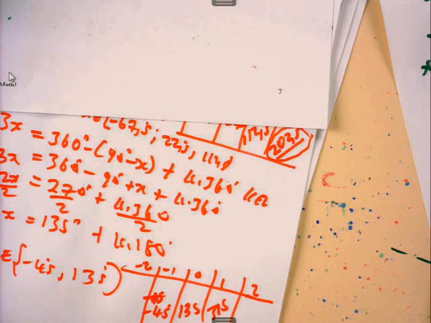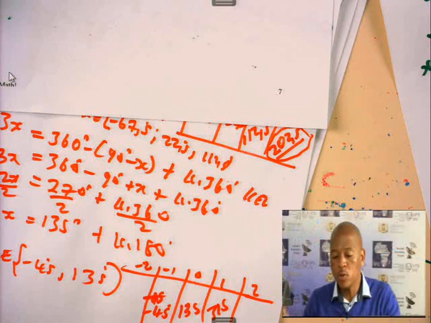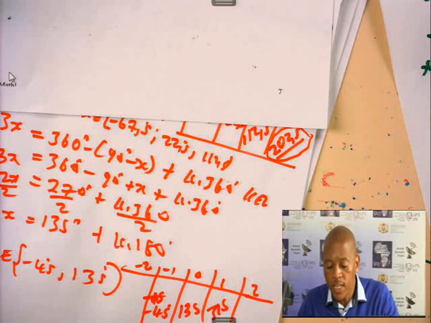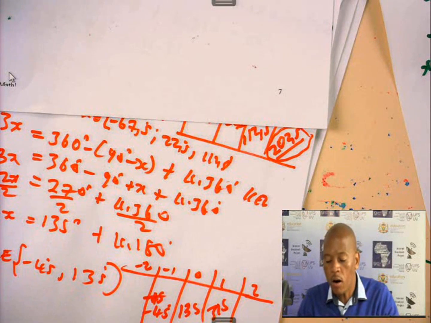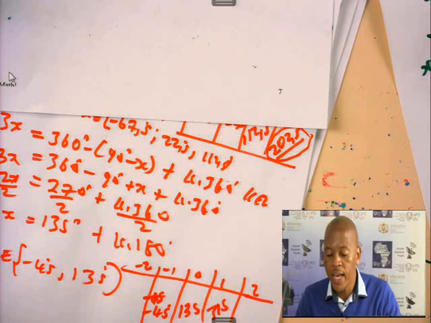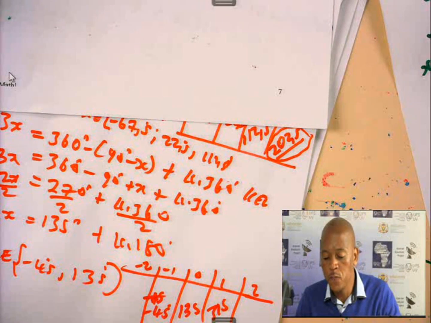Boys and girls, the trig ratios, the trig equations as well as trig functions are very, very important, especially when you solve for x or for theta. But this type of equation under functions, you only get when they say f of x is equal to g of x, or when the question says where f intersects with g.